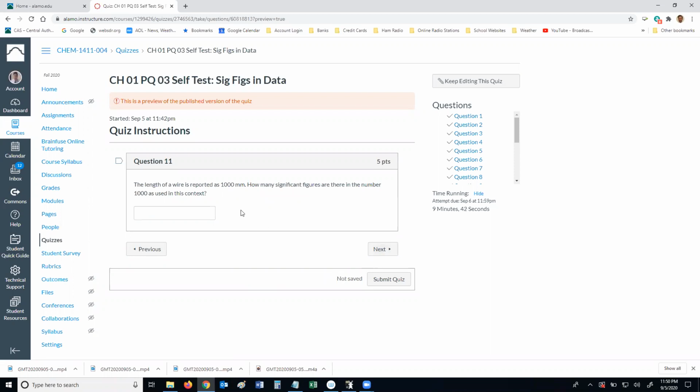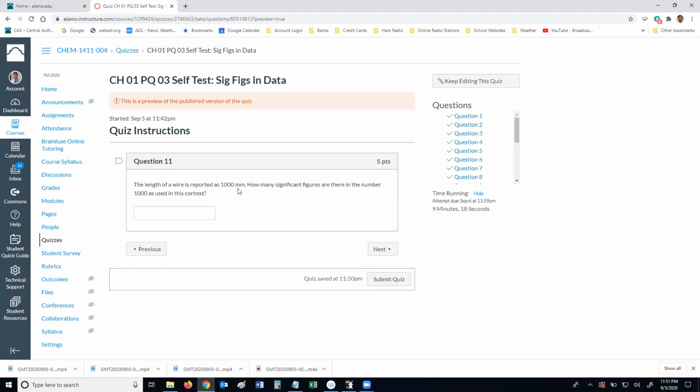Okay, question 11. The length of a wire is reported as 1,000 millimeters. How many significant figures are there in the number 1,000 as used in this context? Now, this is another number that ends with a 0 and does not have a decimal point, just like that 20 we had earlier, the previous question.